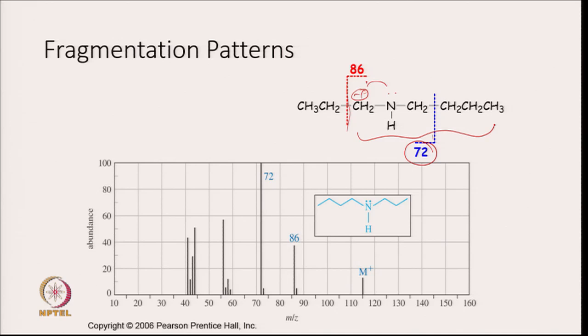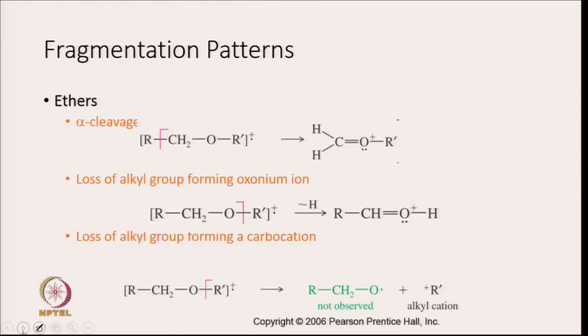Thus, if you go for the mass spectrum of this, you will see a peak at M plus, a peak at 86, and a peak at 72. Now, let us look at ethers.